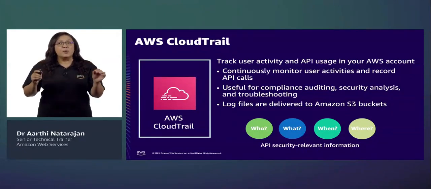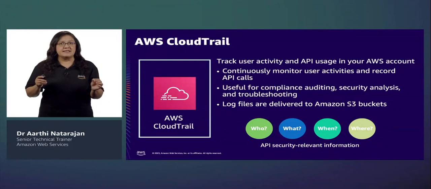We can continuously monitor activities and record API calls against multiple different services in our account. We can use this for compliance, auditing, security analysis, and also for troubleshooting purposes. We can also use this to record in case we need to backtrack and understand how the access was granted.